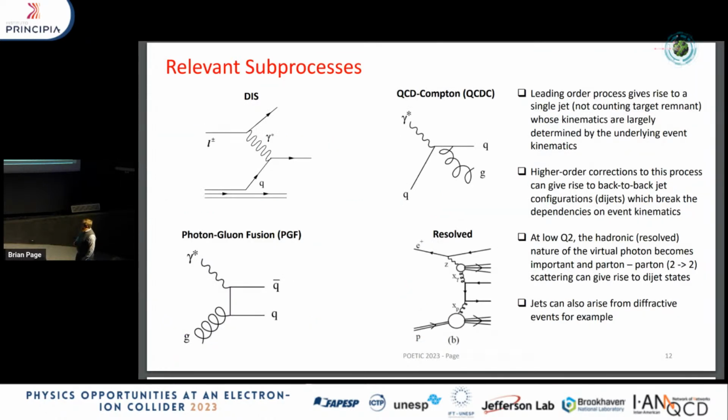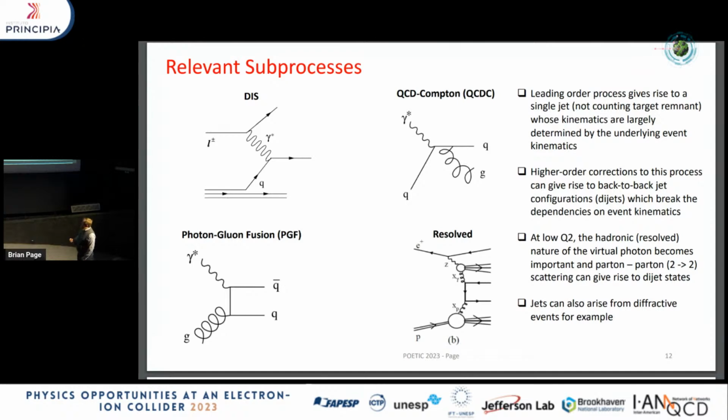So before I go into the physics measurements themselves, I just want to briefly review some of the relevant sub-processes that form jets. So we have, of course, the leading order Born process of deep inelastic scattering, where your virtual photon interacts with your quark, and this gives rise to one jet that we detect, and then of course there's a beam remnant that goes down.